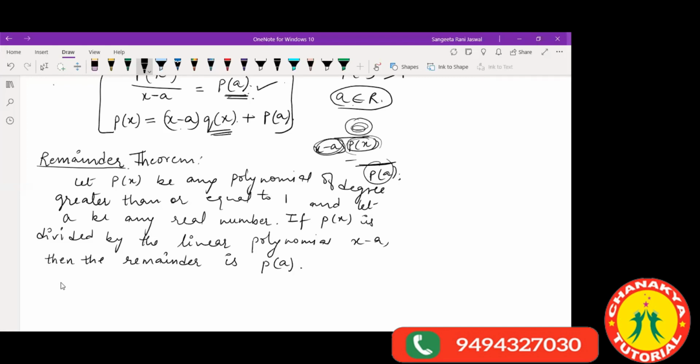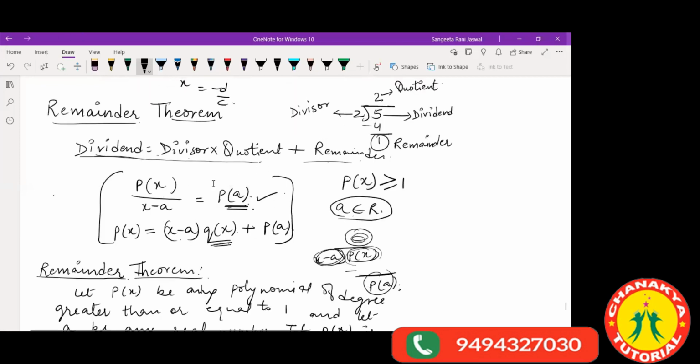Right, children? Now you have the statement of the remainder theorem and you have the explanation of the remainder theorem. ठीक है, what is remainder theorem? Now अभी हमें remainder theorem कहना क्या चाहती है? ठीक है, it explained us कि we get this remainder. Then what do we do with this remainder?